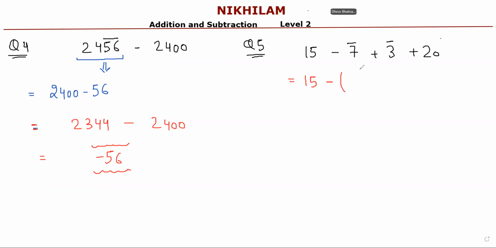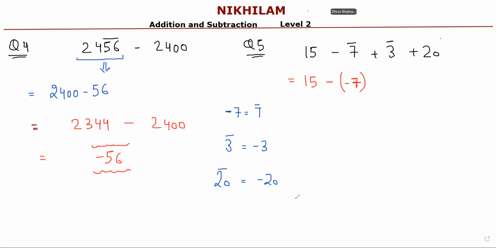Whenever you have a bar over a digit and there is nothing else, this is normally minus 7. Minus 7 is what? 7 bar. 3 bar is what? Minus 3. 20 bar is what? Minus 20. If there is a complete bar over the number, it is equal to minus the same number.